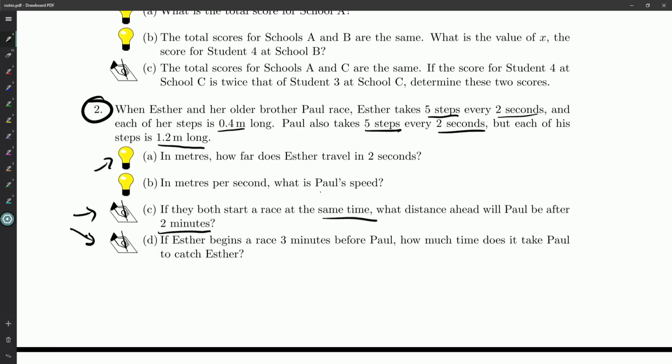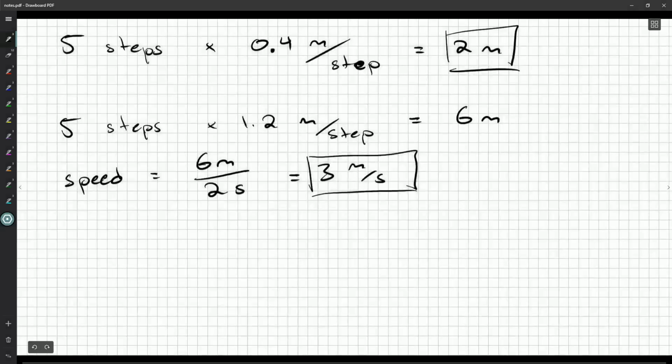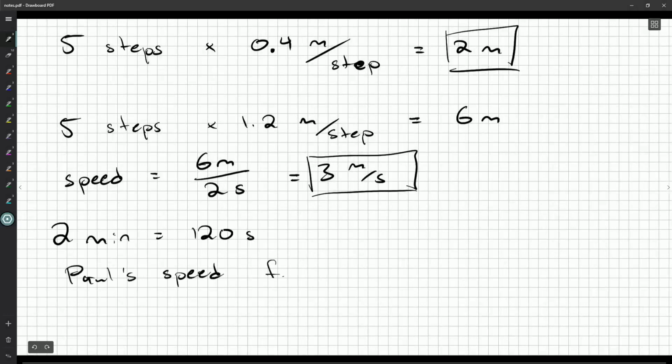Remember, there are 60 seconds per minute. So that's something I would probably state right away. 2 minutes equals 120 seconds. Now, I know Paul's speed from part B is 3 meters per second.